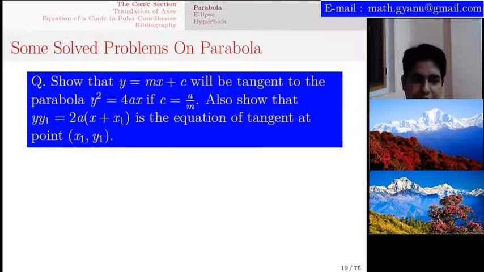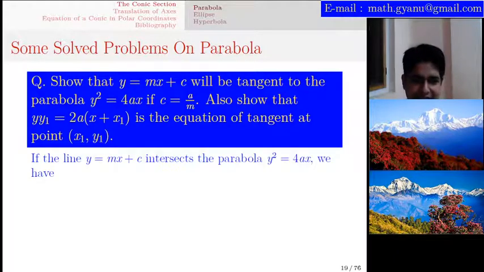Now another question: y equal to mx plus c will be a tangent to the parabola y square equal to 4ax if c equal to a by m. Also, y y1 equal to 2a times x plus x1 is the equation of the tangent at point x1, y1. For this purpose, if the line y equal to mx plus c intersects the parabola y square equal to 4ax, we must have mx plus c whole square equal to 4ax.